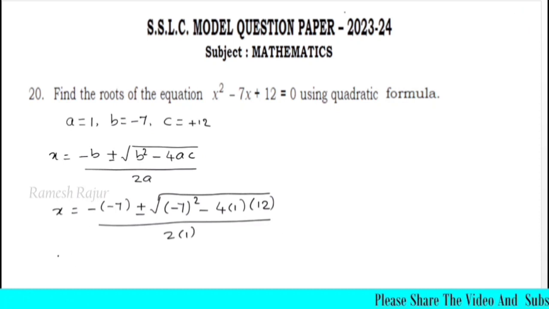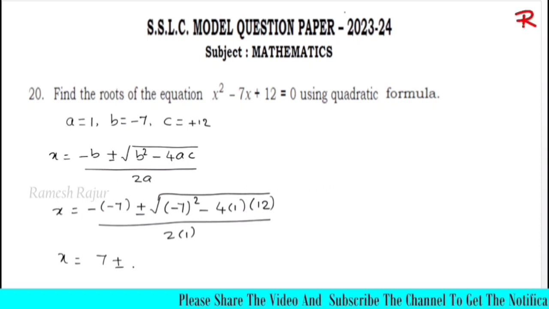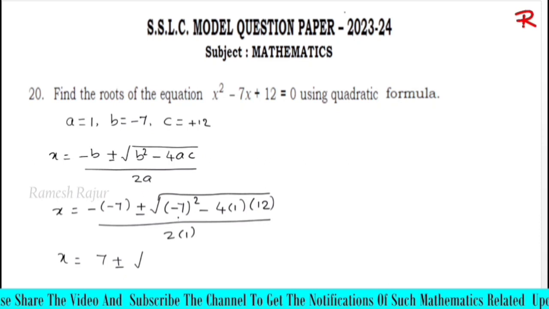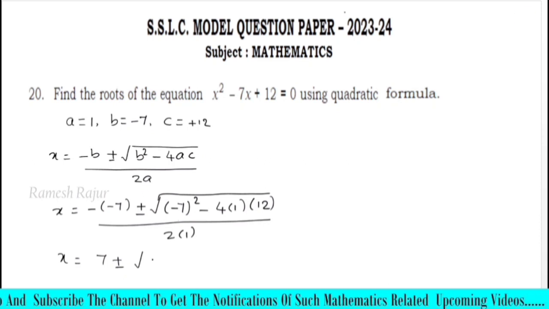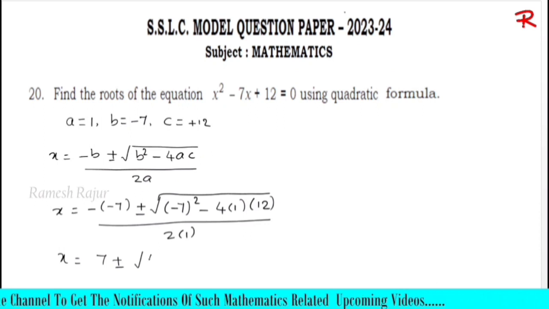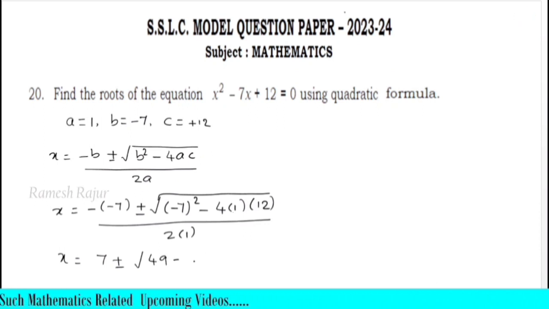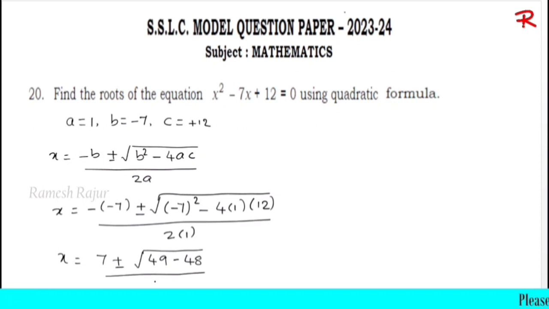Simplifying this, we have x equals plus 7 plus or minus the square root of 7 square, which is 49, minus 4 ones are 4, 4 twelves are 48. In the denominator we have 2 ones are 2.